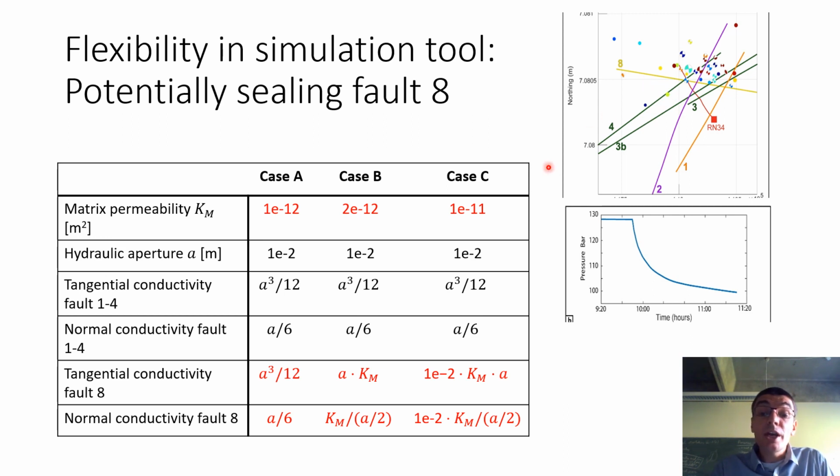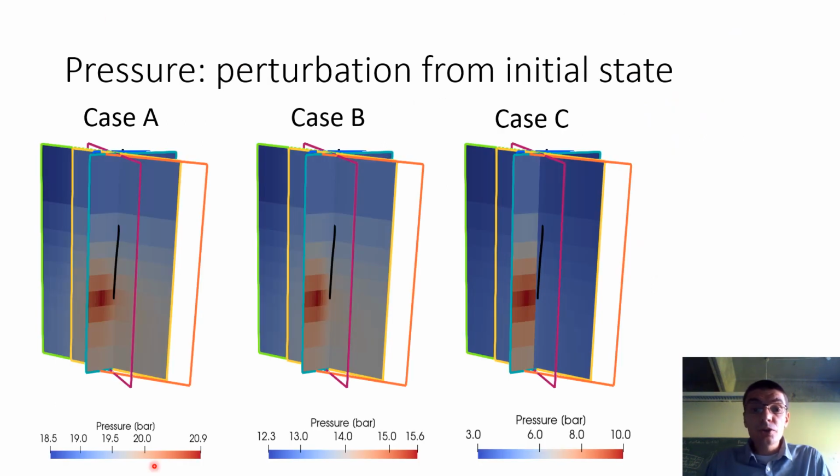With these cases and from the little data that we have available here, we then arrived at a set of parameters for permeability in the matrix and in the fault that at least are internally consistent. So I first show the pressure profiles obtained by the simulations. What is shown here is the pressure in the fault network.